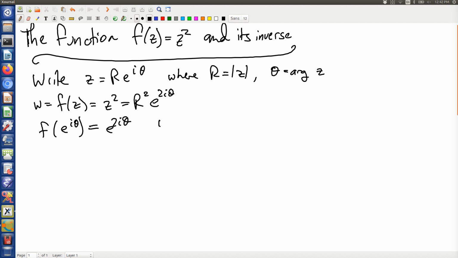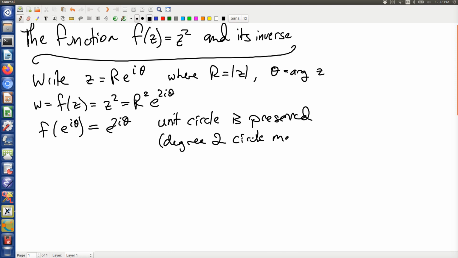So this function preserves the unit circle. However, it wraps around twice. This is called a degree 2 map, because it goes around twice.